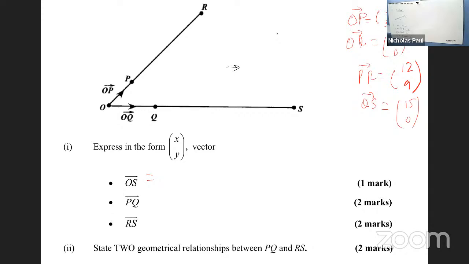Somehow, how do we get OS first? OS is what? Look at the whole line. Something plus something. OS is OQ plus QS.